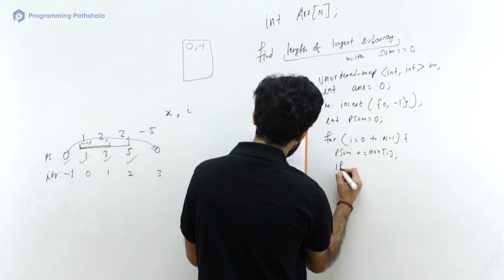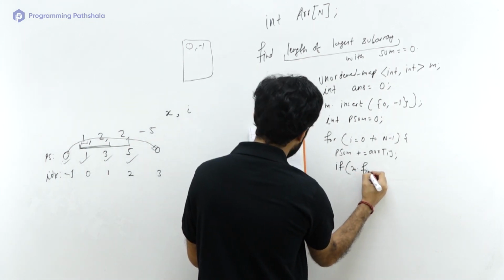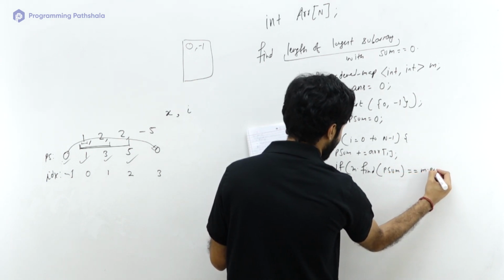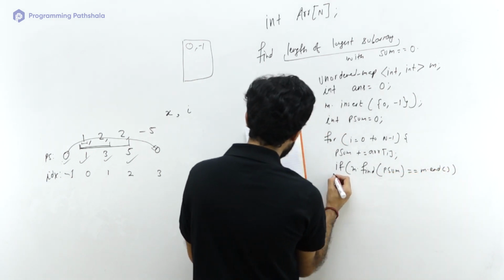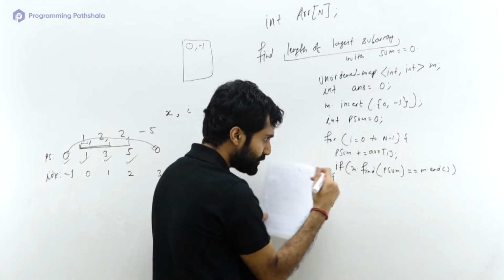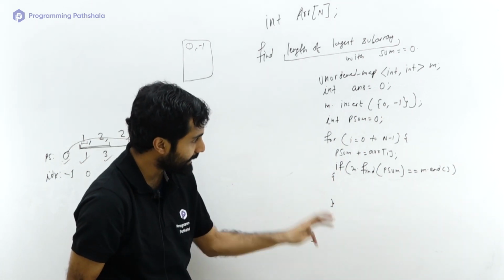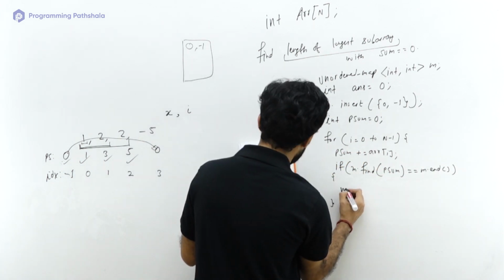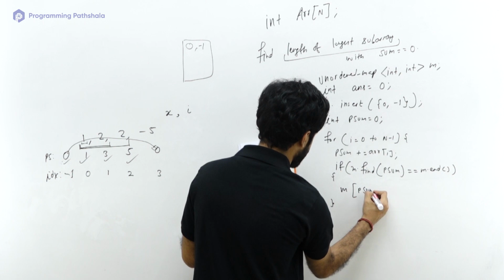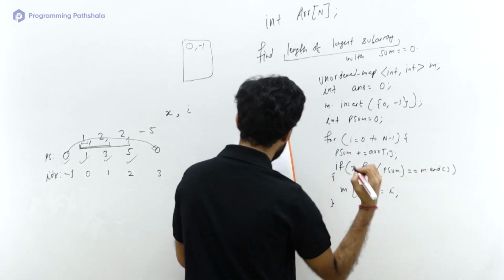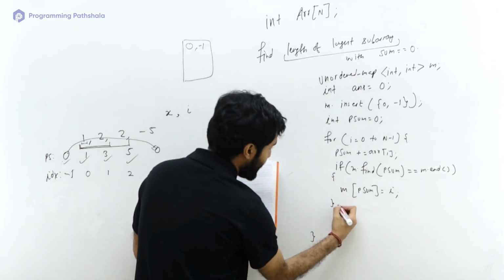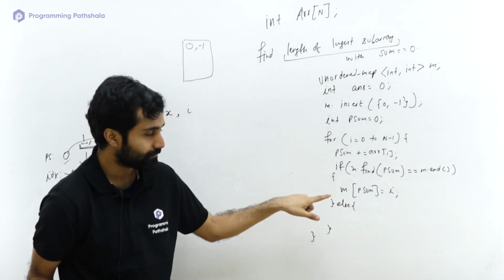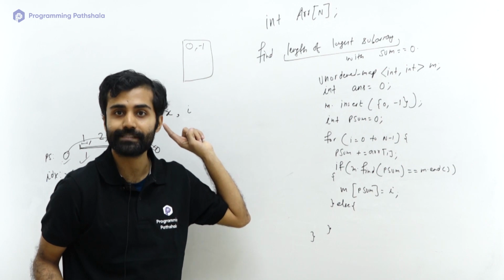So if map.find(prefix sum) equals map.end(), it just means that it has come for the first time, and that means I know that the index of first occurrence of this is i. So I'll do m of psum equals i. On the other hand, else means that this prefix sum had already occurred before some time.